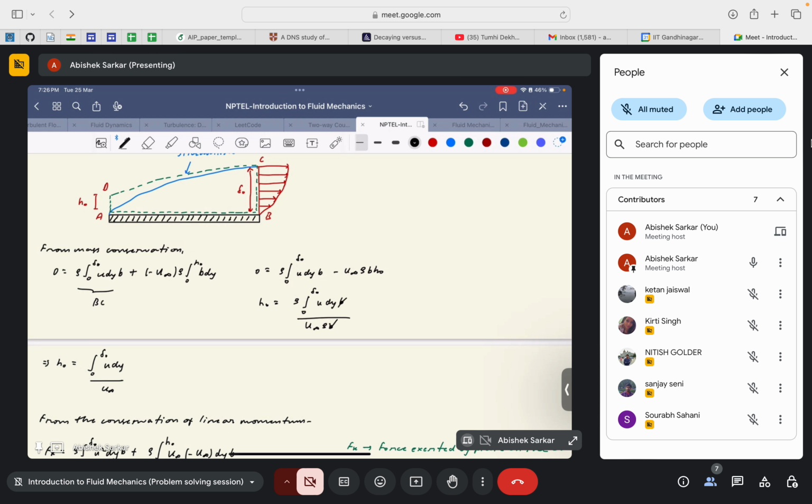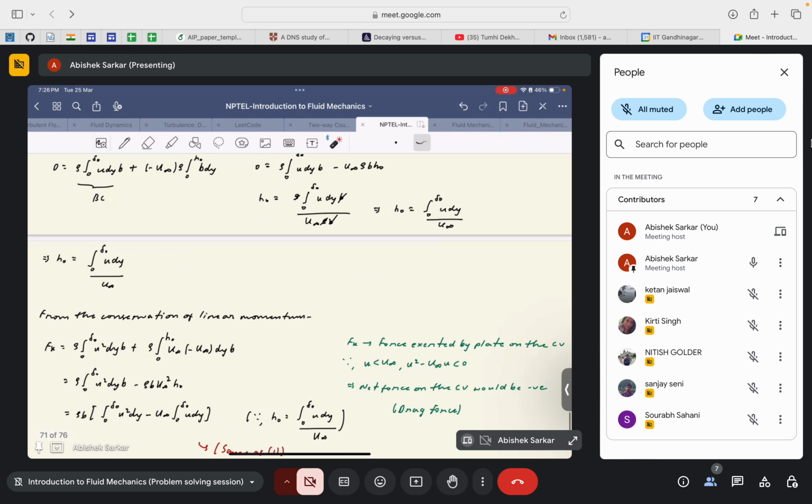So rho and b will cancel out, and you will get h naught equal to the integral from 0 to delta naught of u dy divided by u infinity. This is exactly what I have written here.